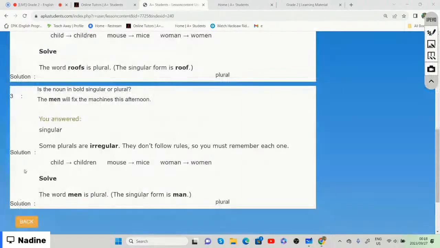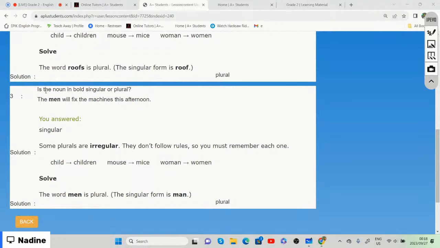All right, so if we look at the next one: the men will fix the machine this afternoon. If we look at the word in bold, men, it shows or indicates that there is more than one man.